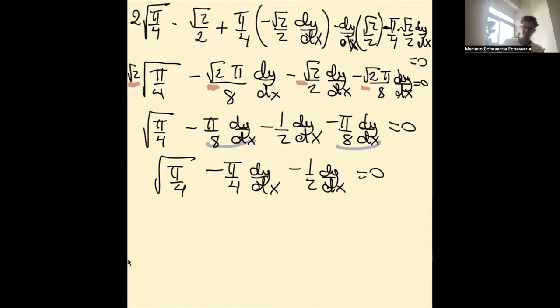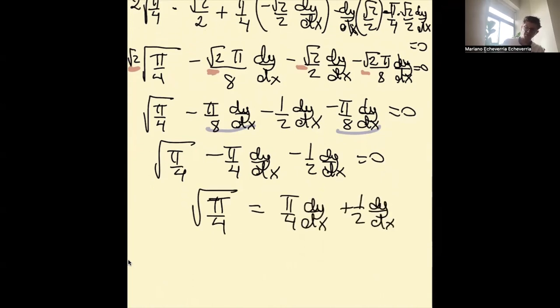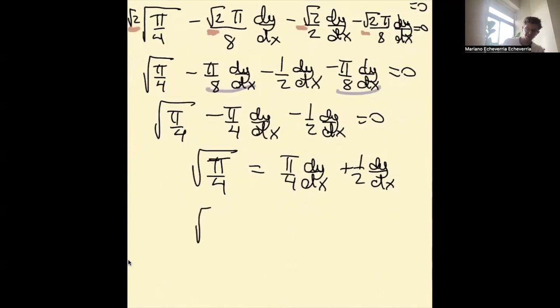Now the idea is to solve for dy dx. So root of pi over 4 equals pi over 4 dy dx plus 1/2 dy dx. There's not too much that you can simplify here. You should just factor out dy dx, so put pi over 4 plus 1/2.